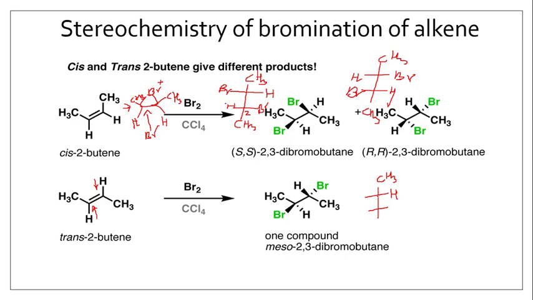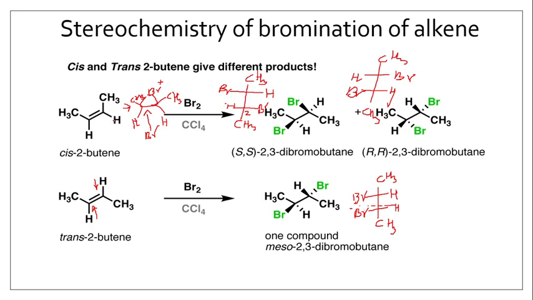When Br attacks from the opposite side, they are returned like this in the final molecule, and that's why this will give the meso product. Here there is a mirror plane, so the upper half of the molecule is exactly the mirror image of the lower half, and therefore this compound is a meso compound.